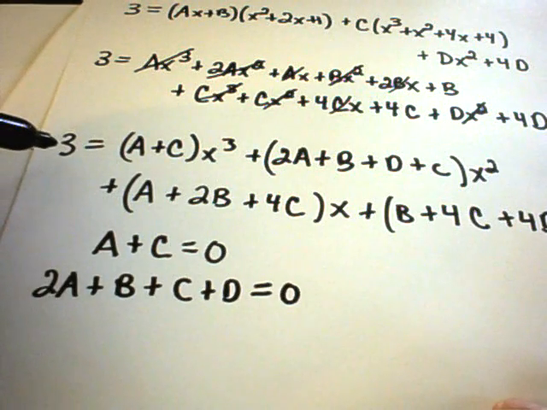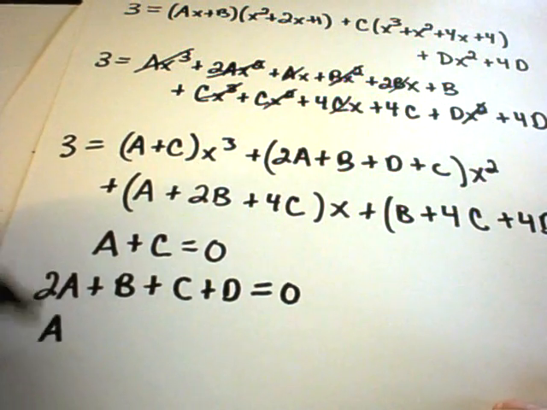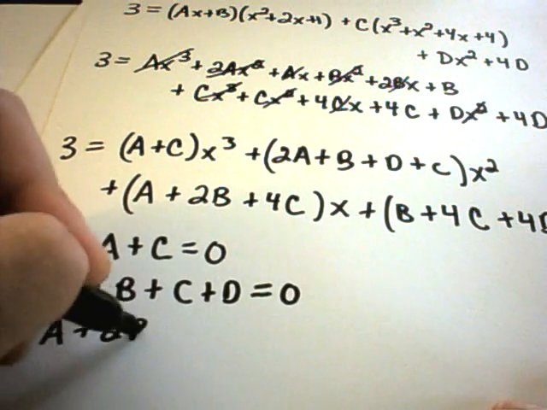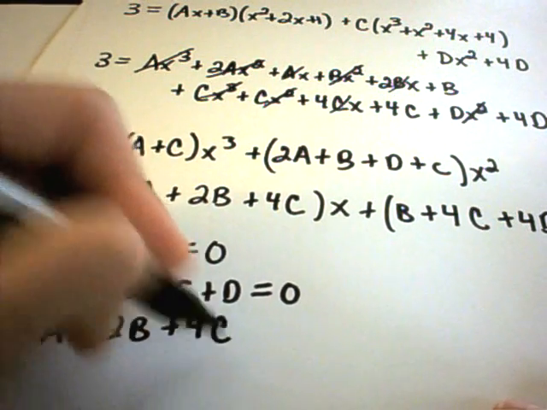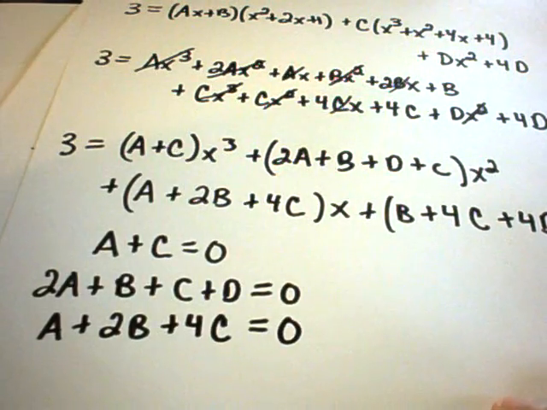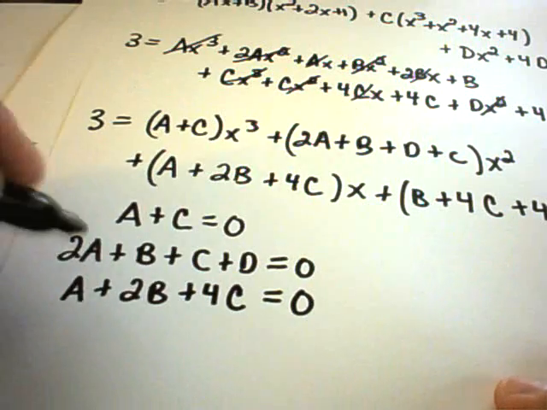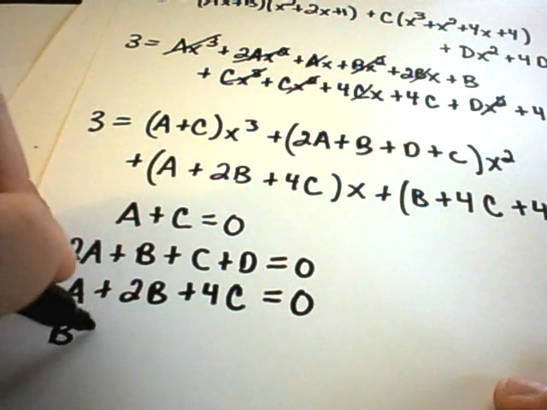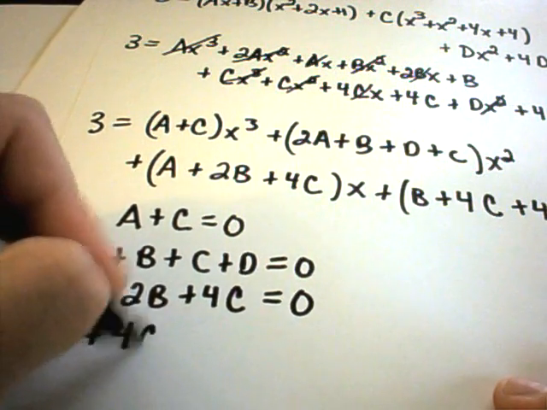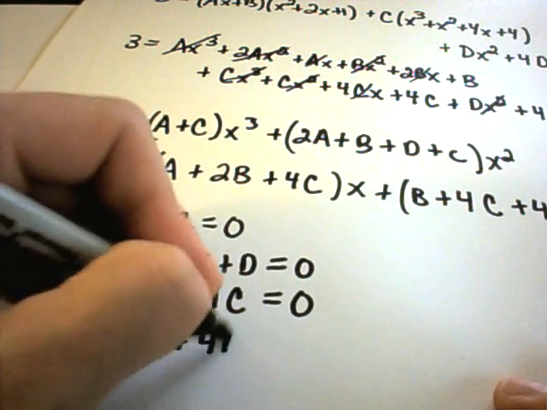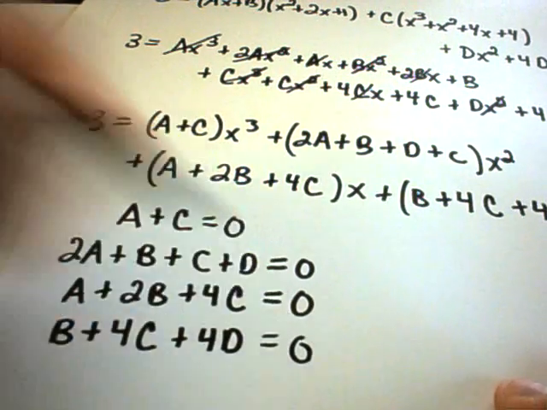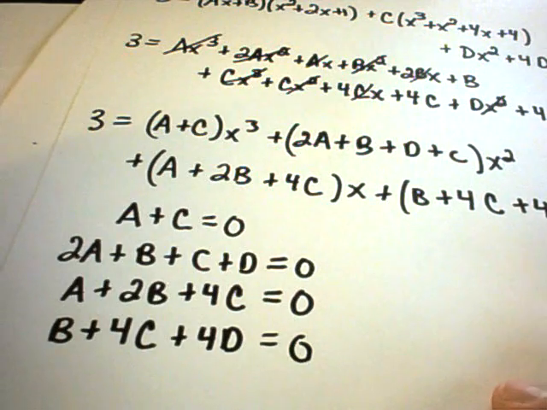There's no x term also on the left side, so that means a + 2b + 4c = 0. And lastly, there is no constant term on the left side, so that means b + 4c + 4d = 0.